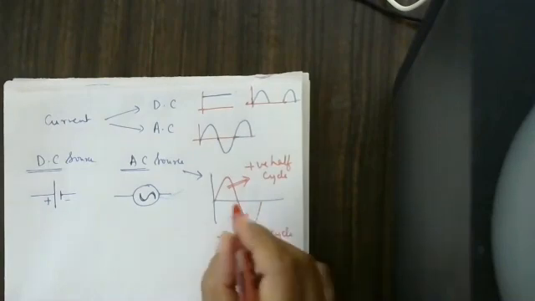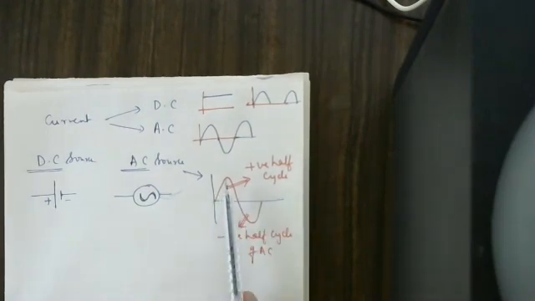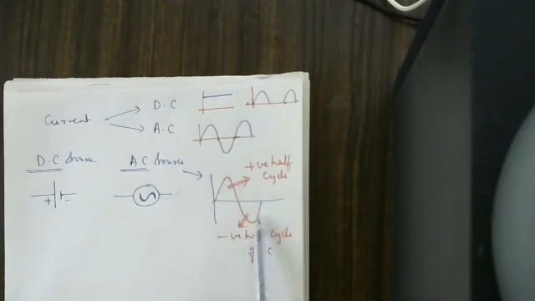Together they make one cycle of AC. From here to here is one cycle, which is 1 hertz. Out of that one cycle, this is the positive half cycle and this is the negative half cycle.